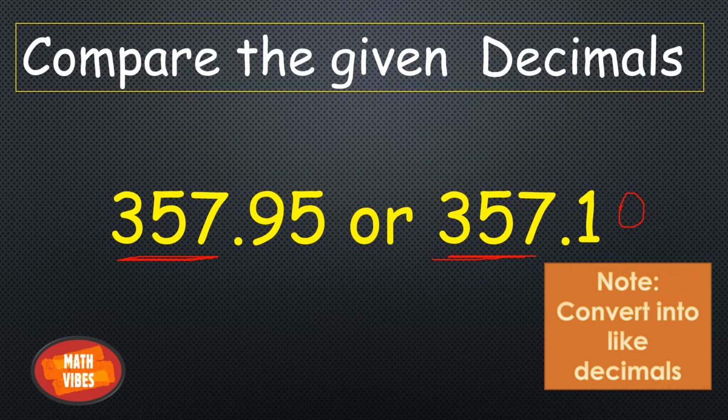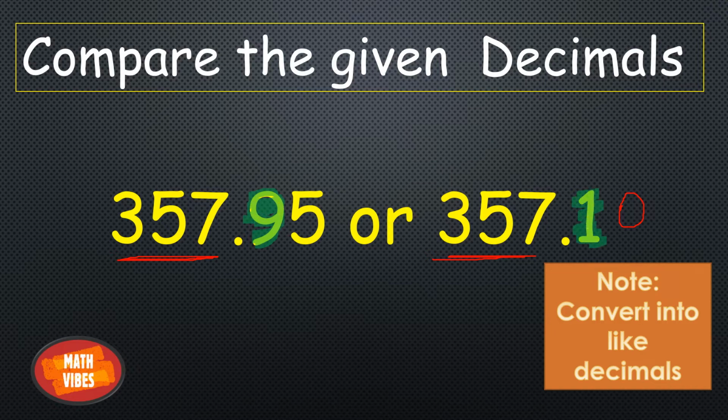How and why I have added it, we are going to discuss in the further part of the video, immediately after this. So at the tenths place now you have 9, and in the other decimal you have 1.